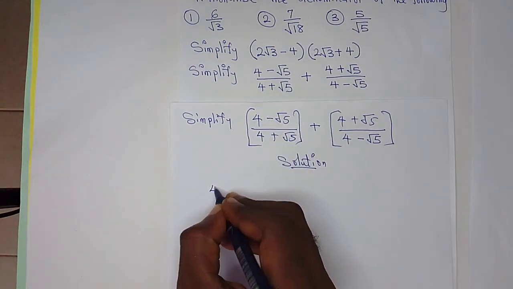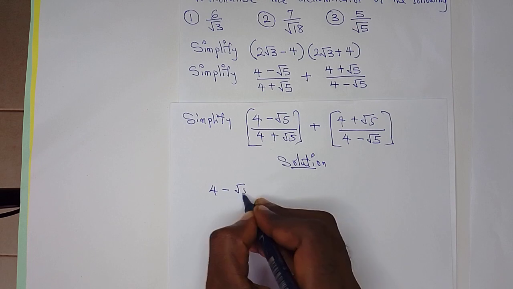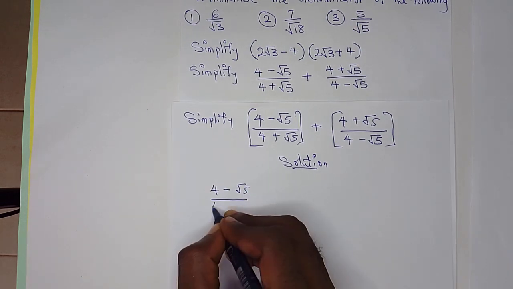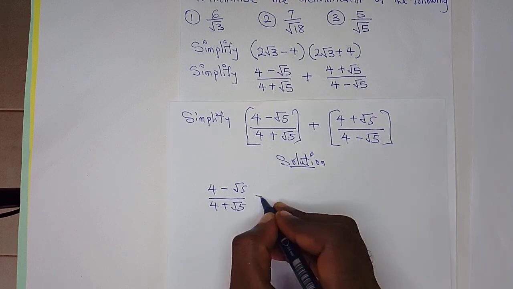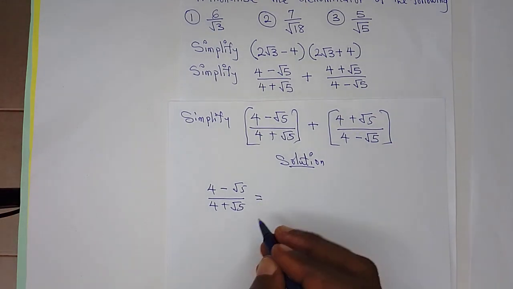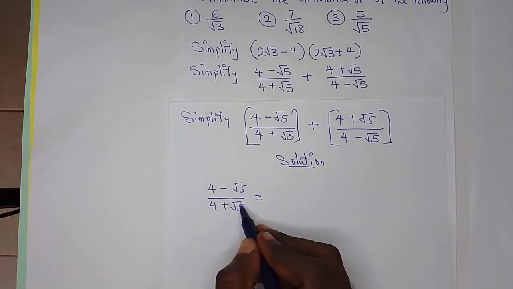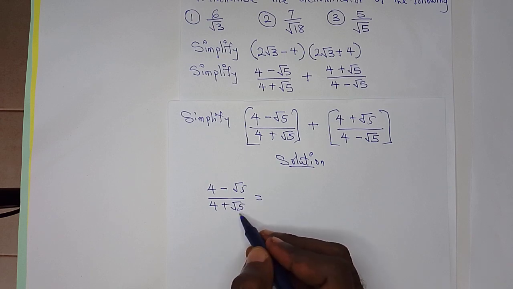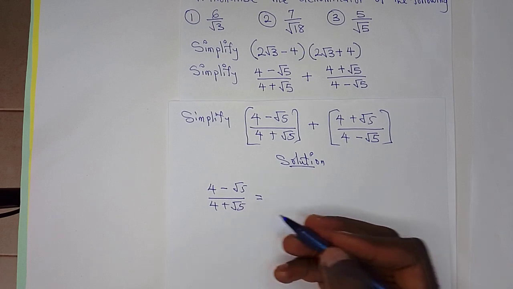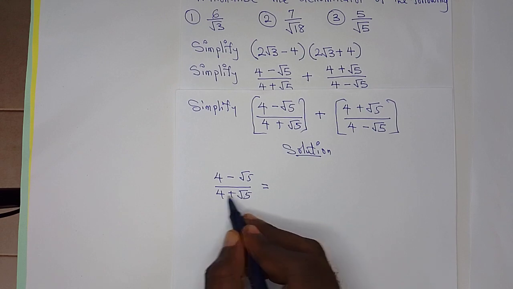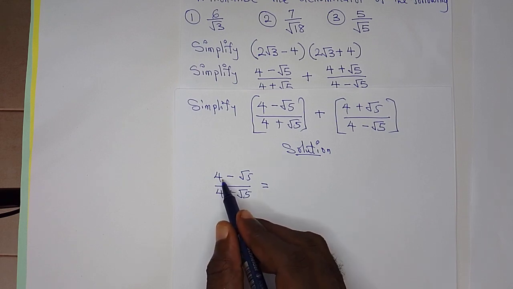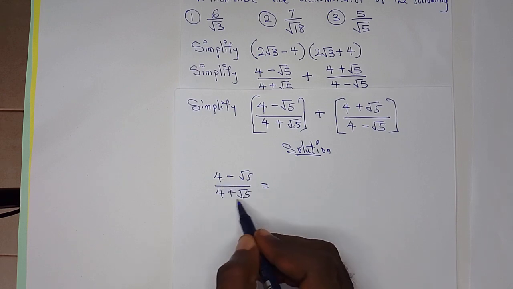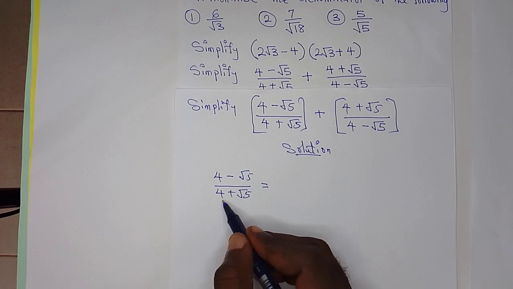So let's simplify 4 minus root 5 all over 4 plus root 5. Now remember, you have to rationalize this. We don't need this root 5 at the denominator. And don't forget that this is different from the previous example we did, because you cannot multiply this numerator by root 5. What about this 4?